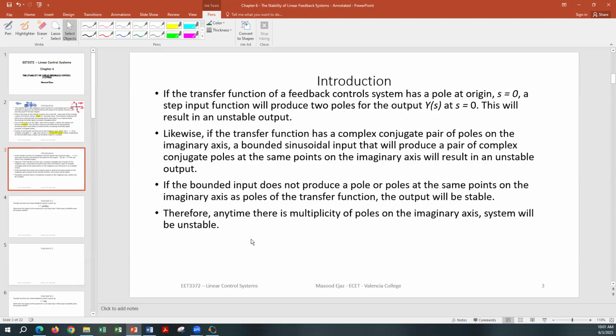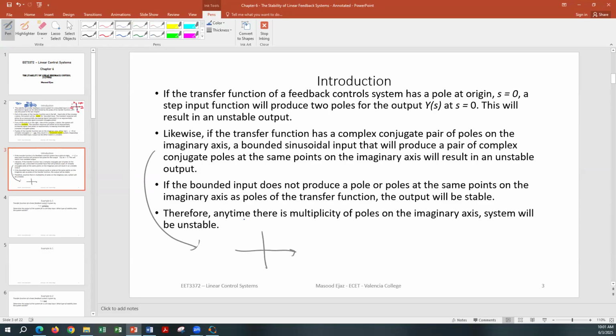If the transfer function has a complex conjugate pair of poles on the imaginary axis, a bounded sinusoidal input that produces a pair of complex conjugate poles at the same point will also make it an unstable output. So again, the system is marginally stable at this point. I think we discussed it last week as well.